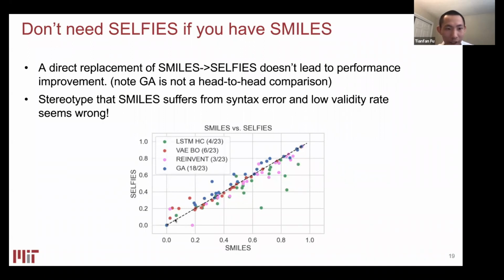An exception is the genetic algorithm, but it's not a head-to-head comparison. So we conclude that the SMILES variants outperform the SELFIES variants. People usually have the stereotype that SMILES strings suffer from syntax errors and a low validity rate, but according to our experiment, we find it does not, and it still performs very well.